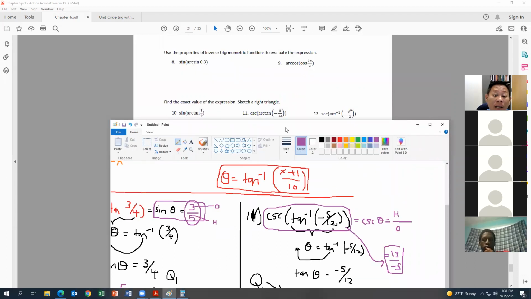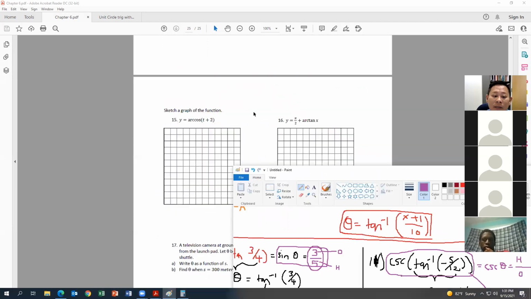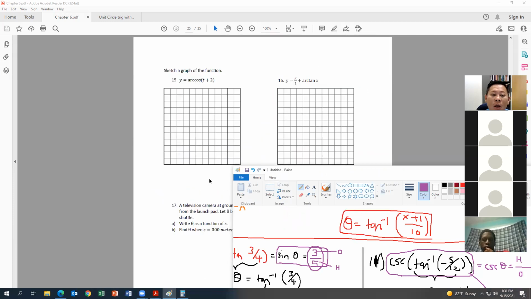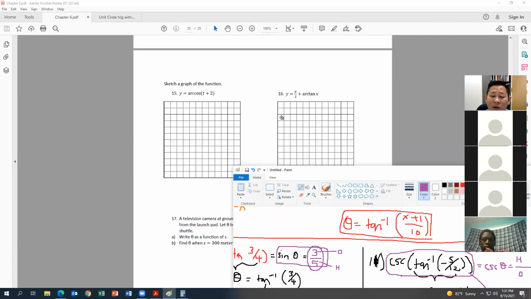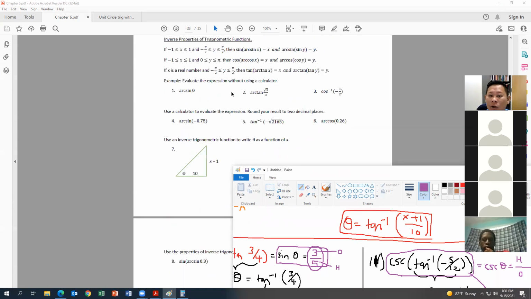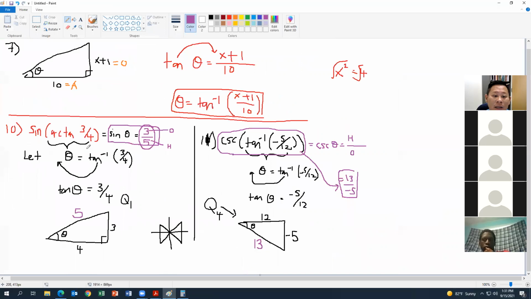I know we skipped 8 and 9, and then we'll talk about 13 and 14. This is the last piece that we will do here. We can skip the graphing, so don't worry much about graphing. I'm not going to test you on how to graph this. I'm more testing you on what we did early on in the first 3 questions in your test, and the ones that we did right now, questions 10 and 11. So make sure you know how to do this.